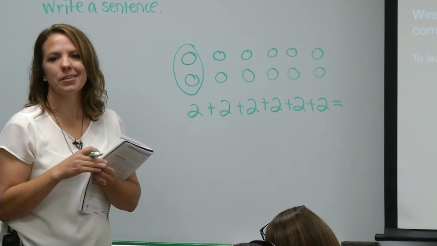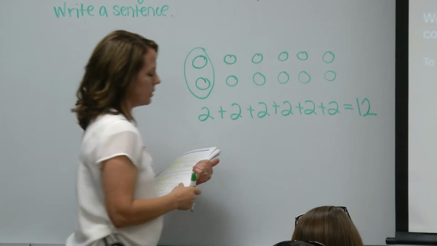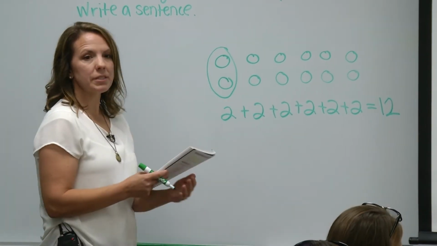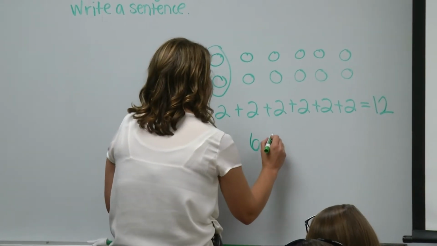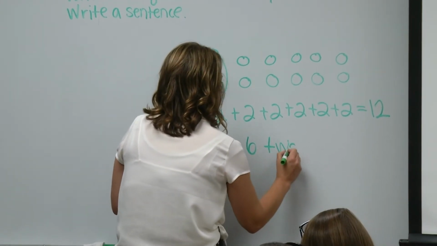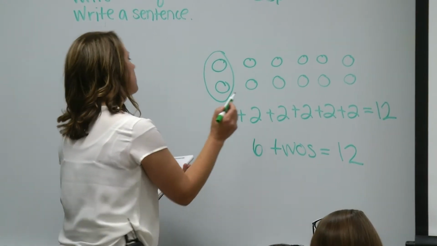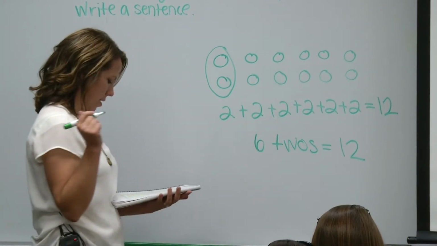How many counters did I start with? 12. So we started with 12 counters. How many groups again? 6. So 6 2's equals 12. 6 equal groups of 2 equal 12.